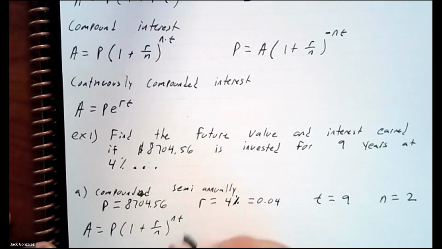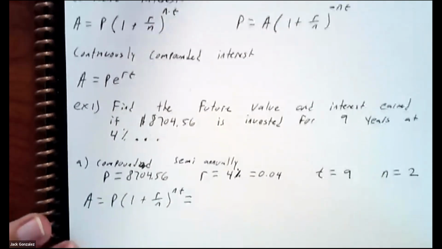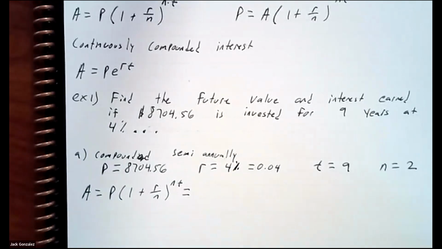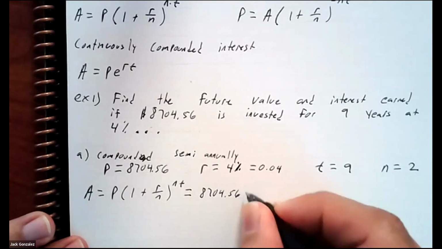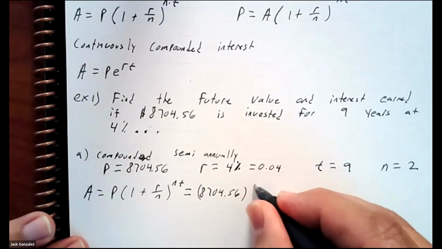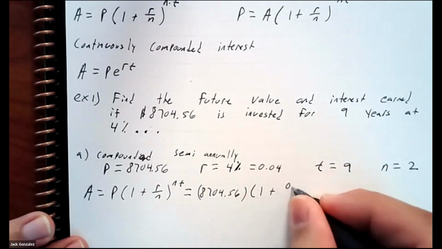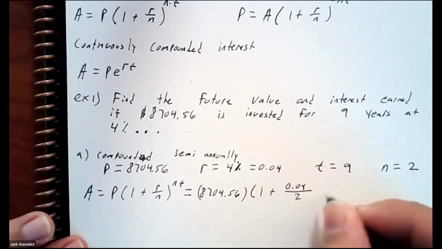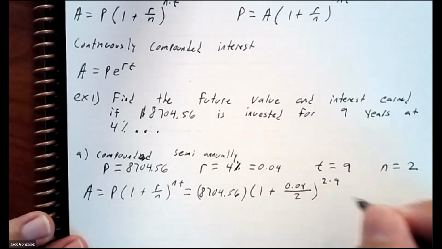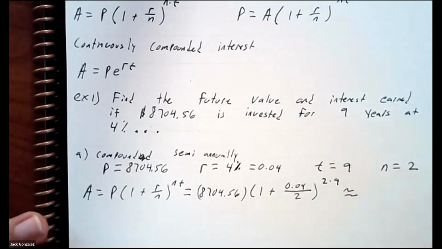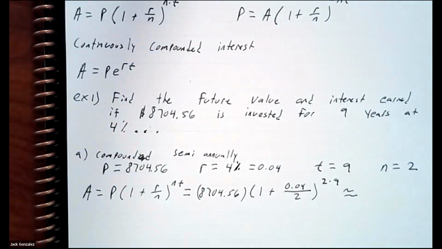At this point, you need a scientific calculator, or a graphing one. 8704.56 times 1 plus 0.04 over 2, to the 2 times 9. You think it'd be a lot of money?